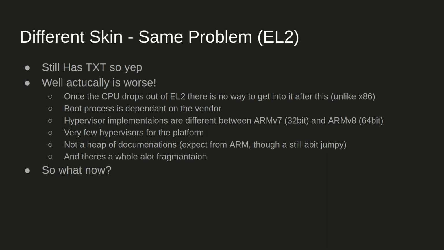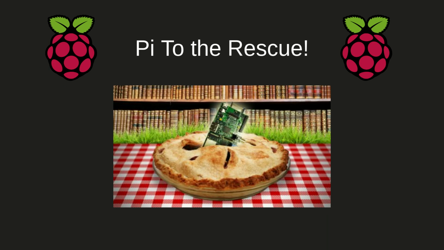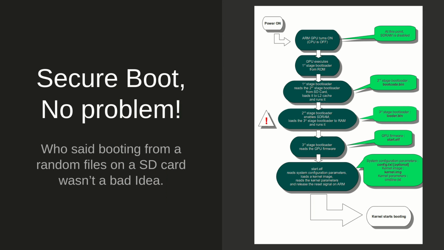First things first, what's the biggest issue with Intel? Well, first things first, secure boot. For ARM, no issue at all. Basically, this is how the boot process for the Raspberry Pi works.